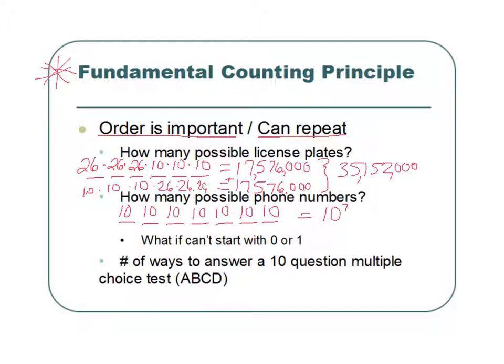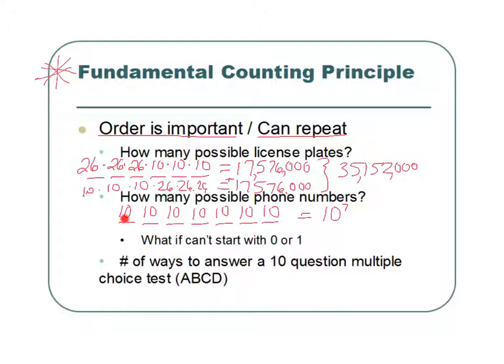But there are some restrictions, and there actually are restrictions with license plates as well, but there certainly are with phone numbers. You cannot start with a 0. Nobody's phone number starts with a 0, because back in the day, and probably still, it calls the operator. And the operator, of course, is probably a computer now, but you still can't start with a 0.